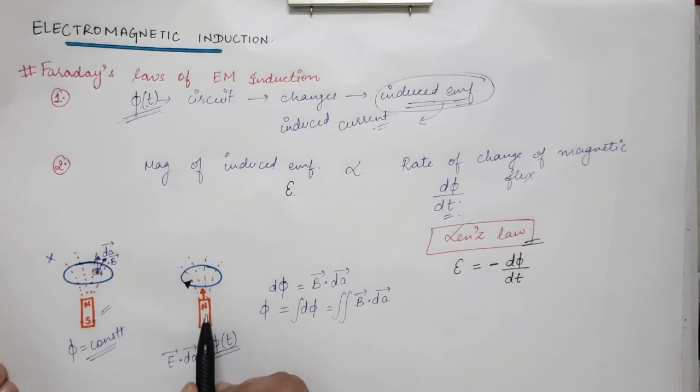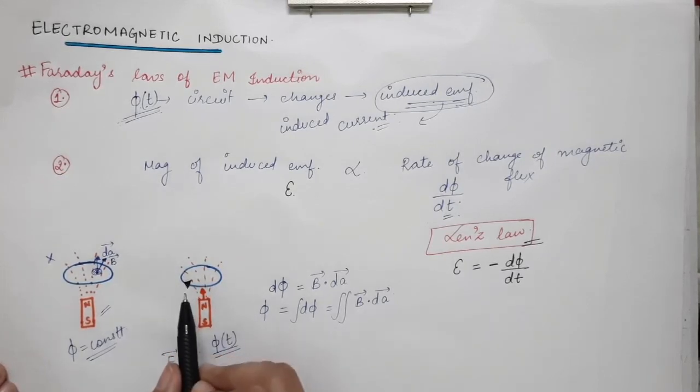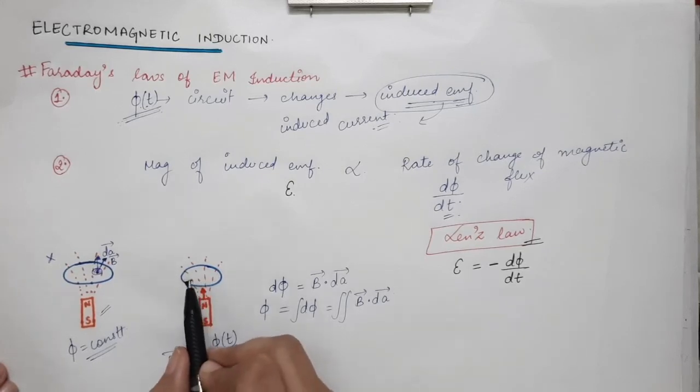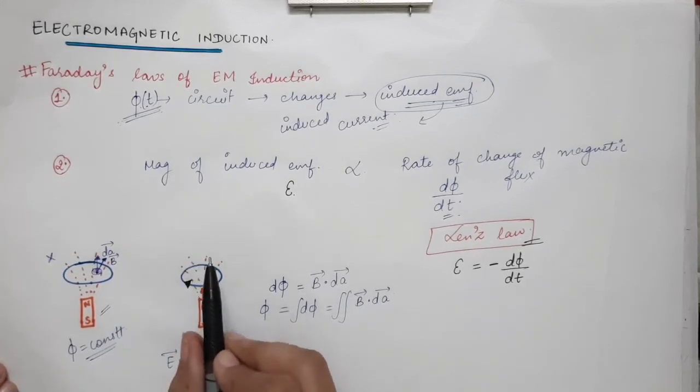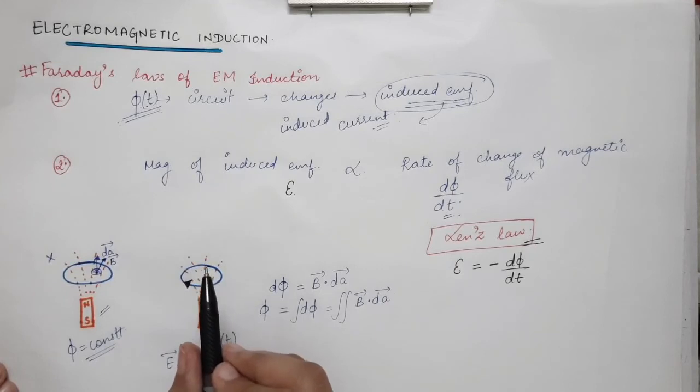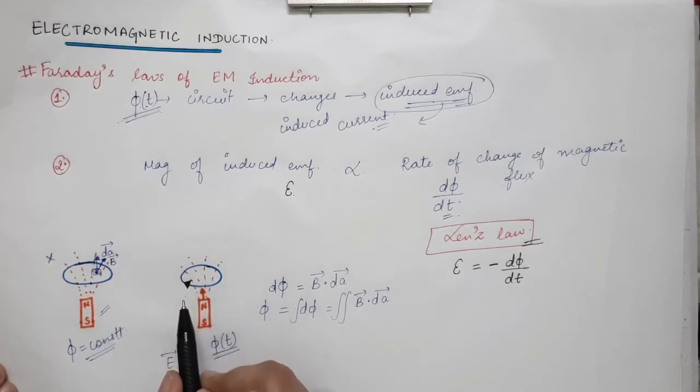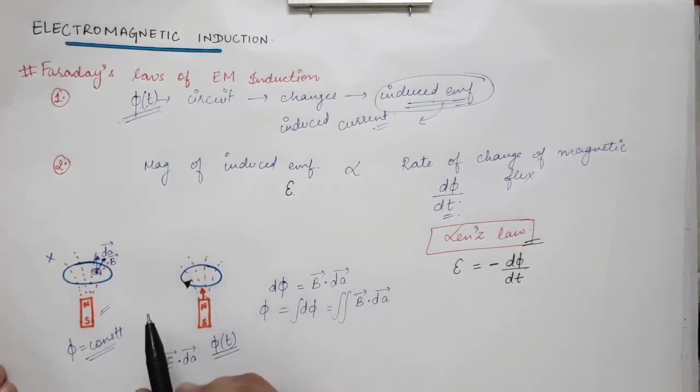So in the second case, if the bar magnet is moved away from the circular loop, the magnetic field lines linked with the circuit are decreasing. So this induced current will flow in such a direction that it increases the magnetic field in the upward direction, and that can happen if the current is flowing in the anti-clockwise direction.